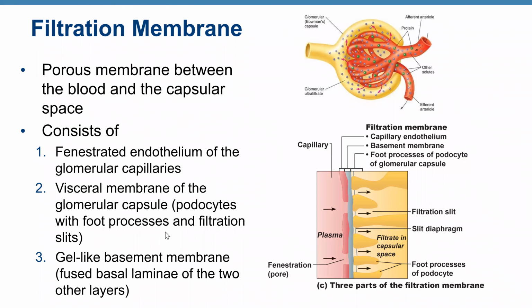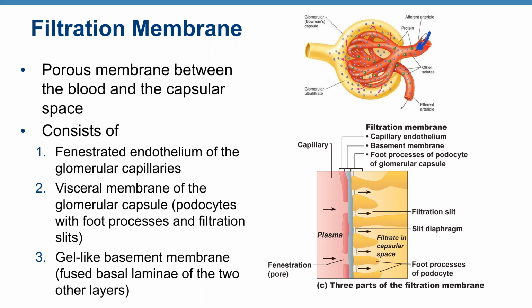Okay, now what is the filtration membrane? It's a porous membrane between the blood and the capsular space of the glomerular capsule. Let's look at the diagram over here. I hope you already recognize those parts. We have a larger blood vessel called the afferent arteriole, and here's your blood flow inside this arteriole.